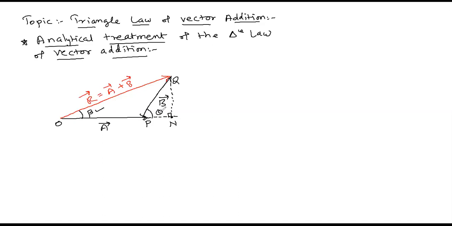Now how this theta comes, you will get here. See, vector A you are having here with the same magnitude and direction. Vector B, suppose initially you are having vector B here, then I will drag this one to this particular point. This point will be shifted to this point like this.